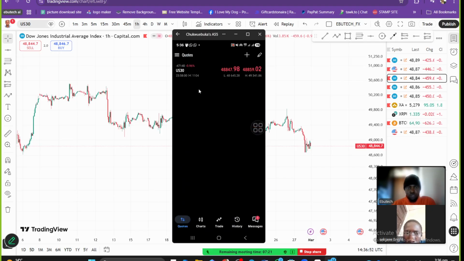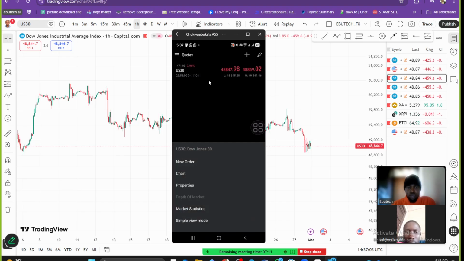First of all, US 30. This is our chart, our pair. You understand? So you click on it. Once you click on it, a pop out slide will come out. You see new order. Normally, if the market is open, you will see trade. This is weekend, the market is not open. You understand?